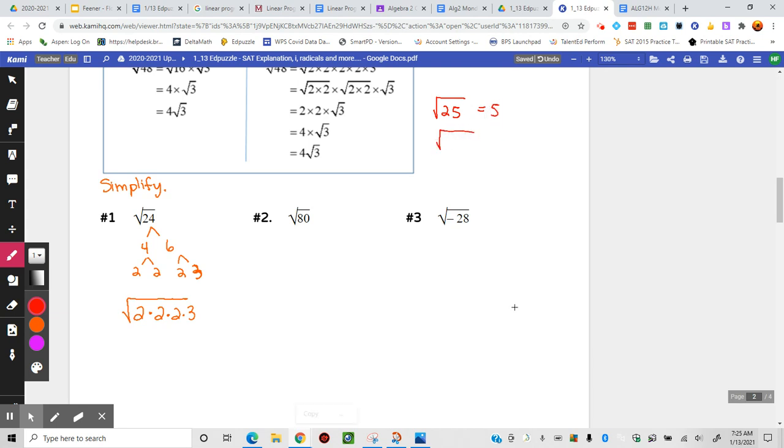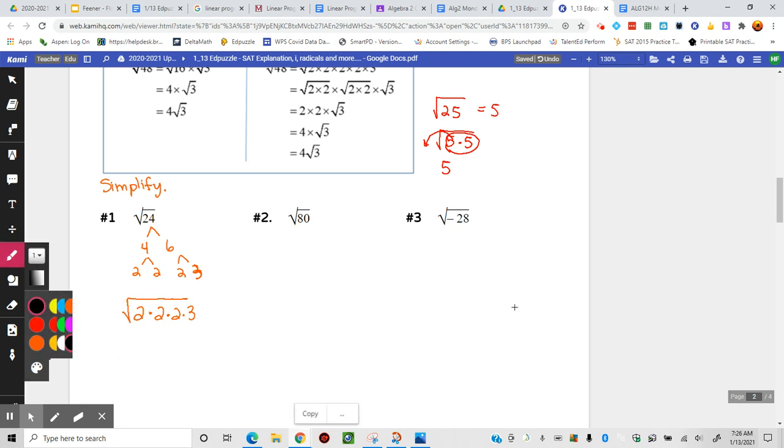And the reason why is because if you have 5 times 5, there is a pair of these. There's 2 of them. So I can take those and they go outside the radical and I get 5. So anytime you have a pair of numbers, that pair will come outside the radical.